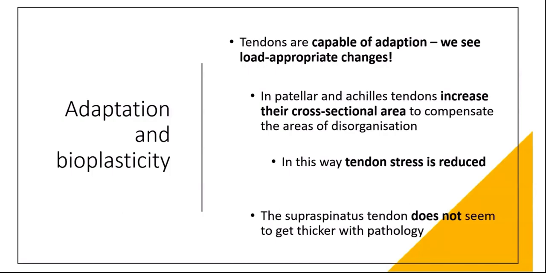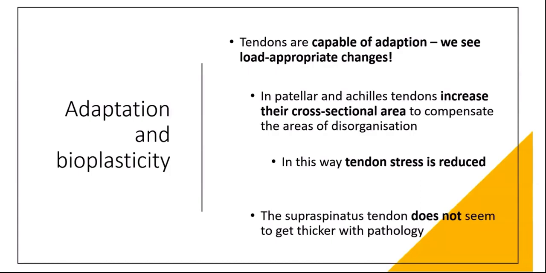We really can observe load-appropriate changes. For instance, in patellar and Achilles tendons, there's an increase in their cross-sectional area to compensate the areas of disorganization. And of course, this is an interesting natural mechanism, because in this way the tendon stress is reduced.